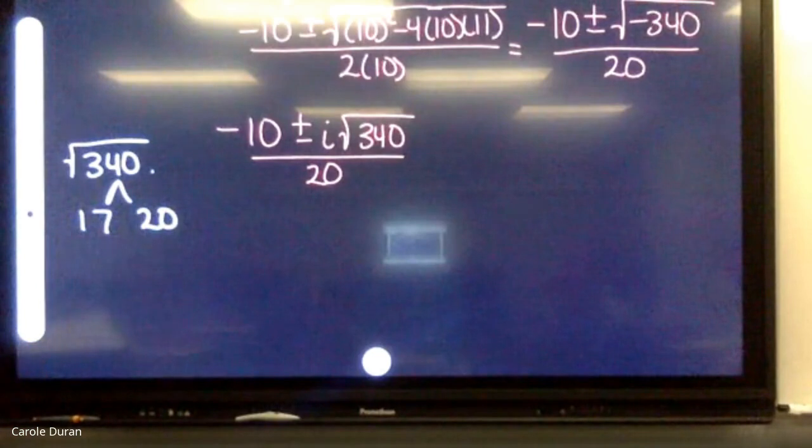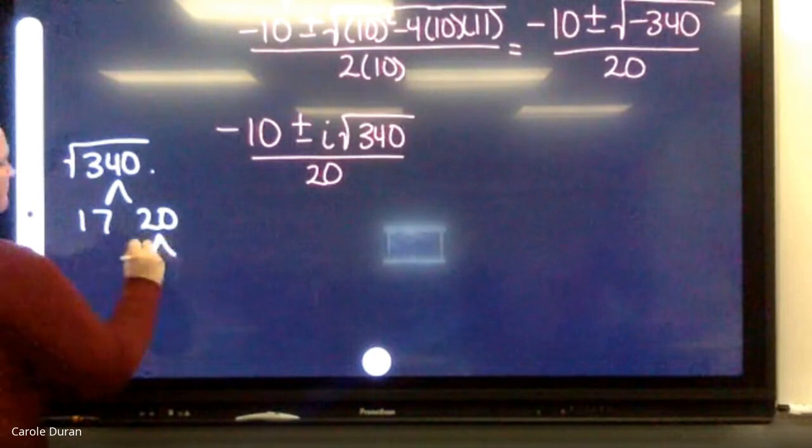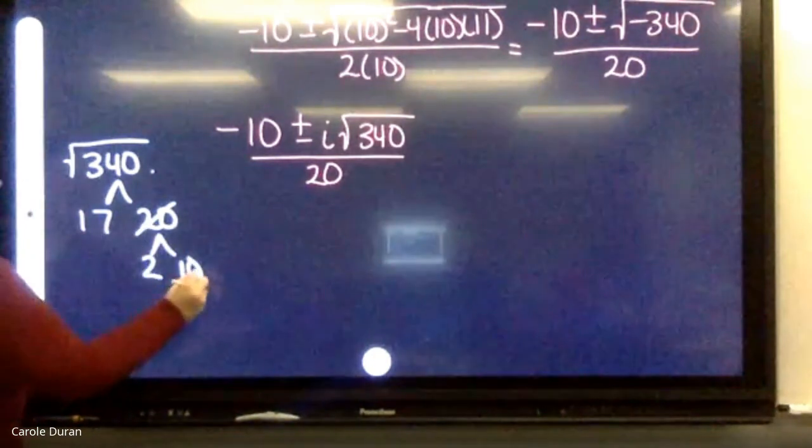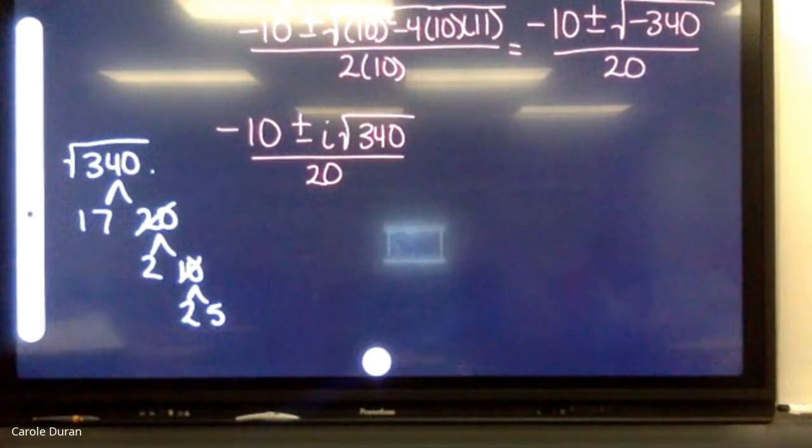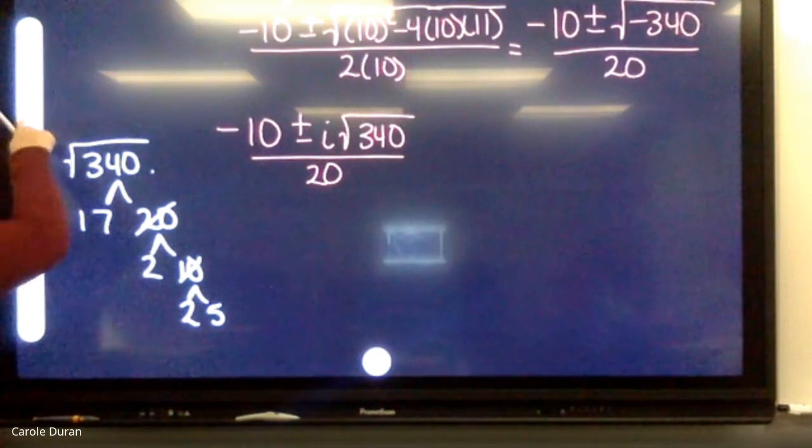17 is prime, 20 is not. So what can I break 20 down into? And then 10 breaks down into 2 and 5. So I have 17, 2, 2, and 5 as my prime factorization.